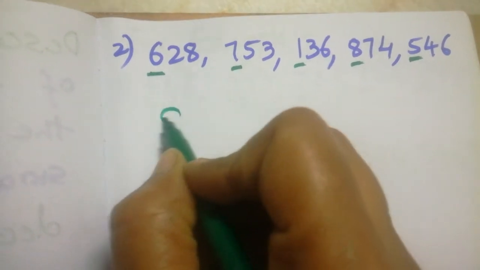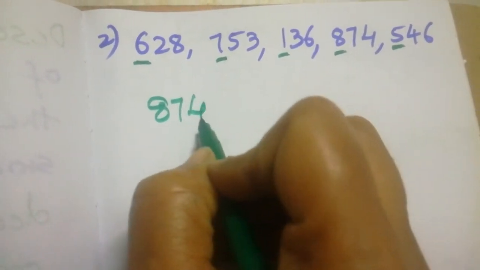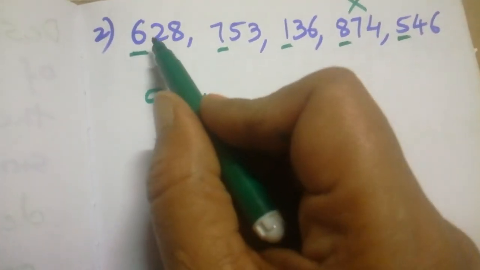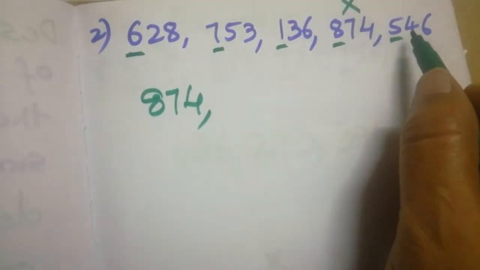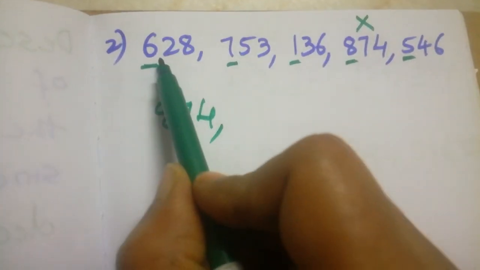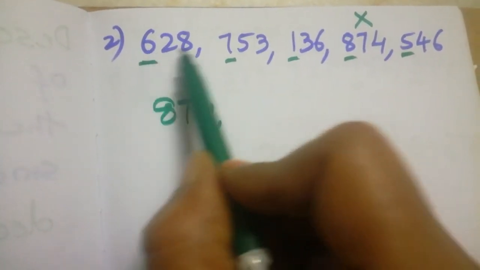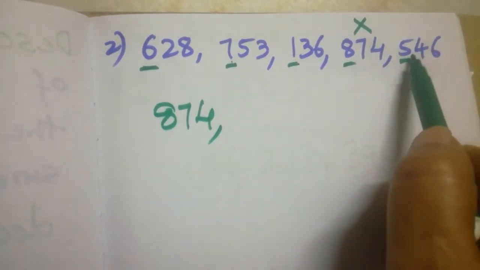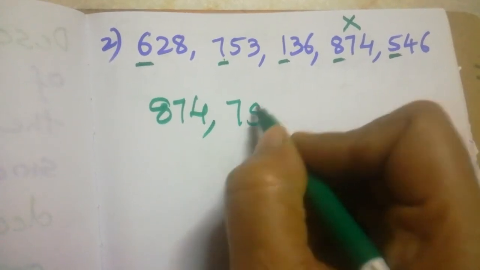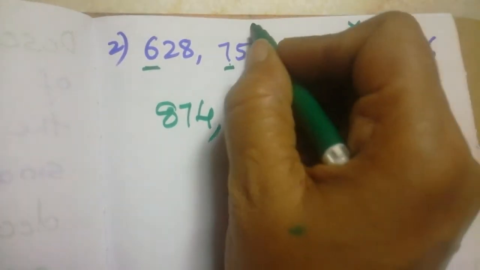So 874 you have to write first. Now this is done. Now compare the other 4 numbers. When you compare other 4 numbers, see the digit in the hundreds place. Here we have 6, 7, 1, 5. Which is the greatest one? 7. So 753 is the next number.